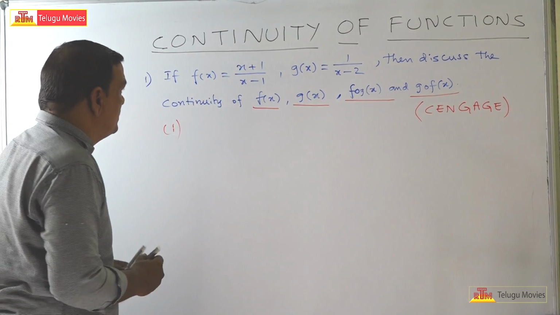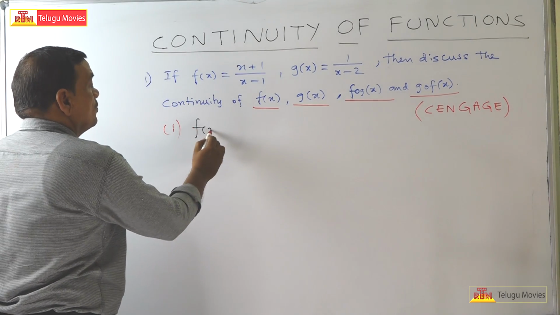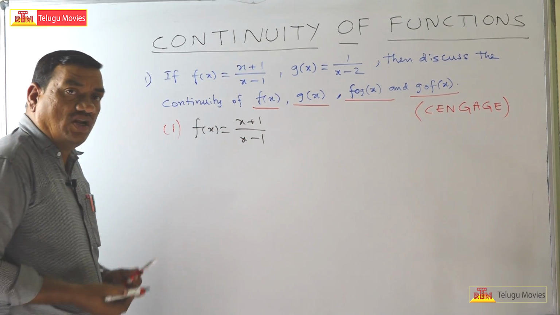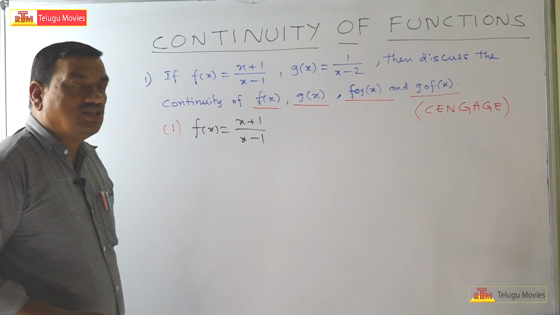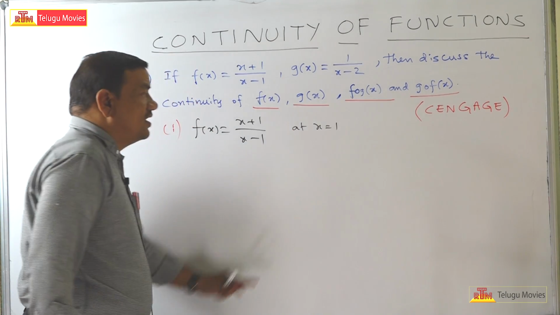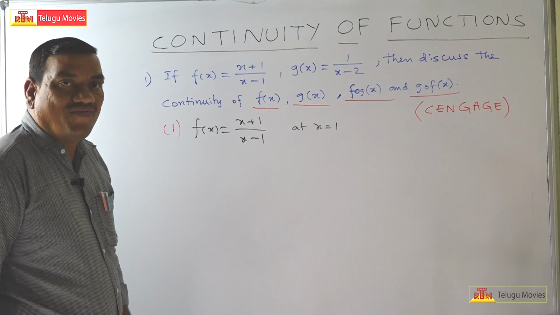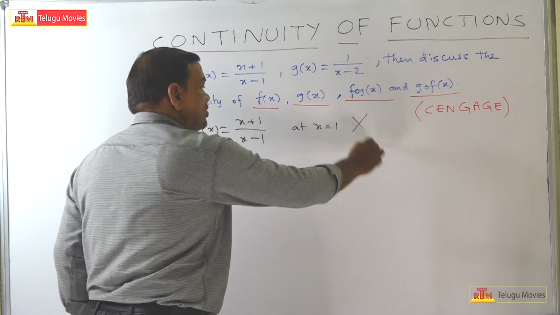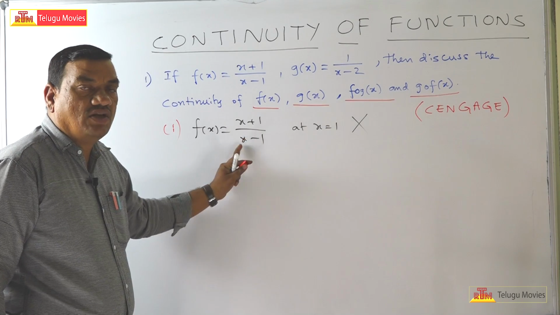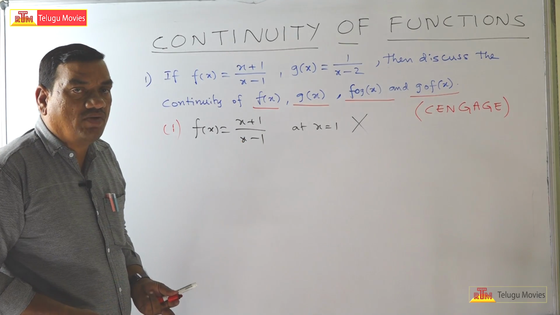What is f of x here? So here f of x is equal to x plus 1 upon x minus 1. Clearly the function is not defined at x is equal to 1. Why? Because 1 plus 1 upon 1 minus 1, here 1 minus 1 will become 0, the denominator will become 0.